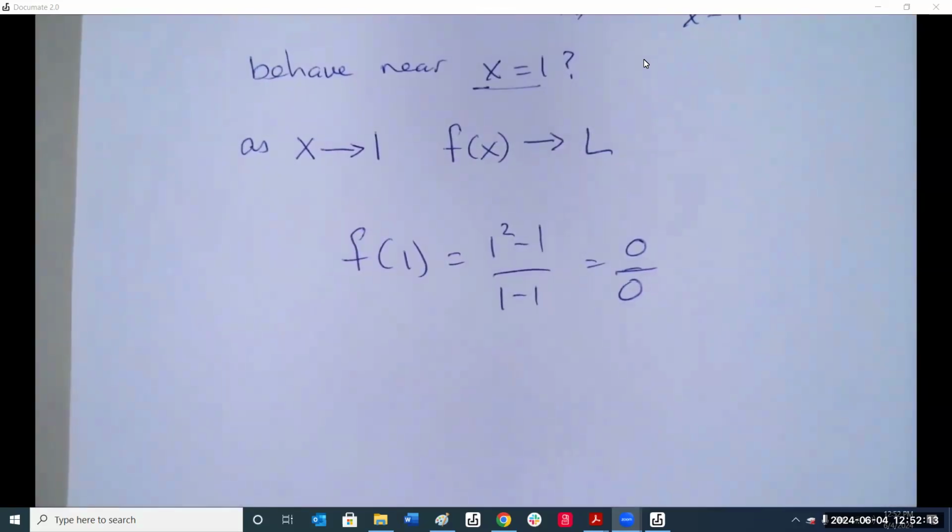Whenever you get 0 over 0, that's a very good sign. Because what does this tell us? It tells us that the numerator and the denominator have something in common. Since they have something in common, maybe that something can be removed.